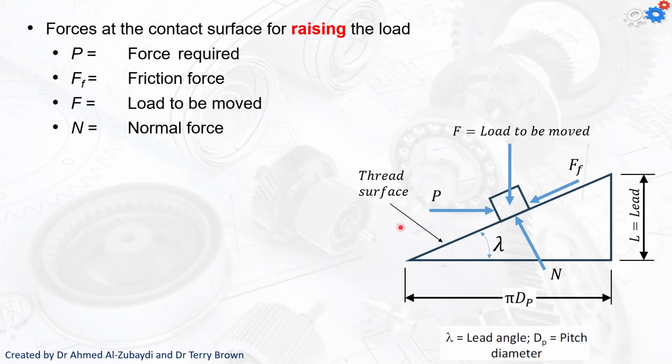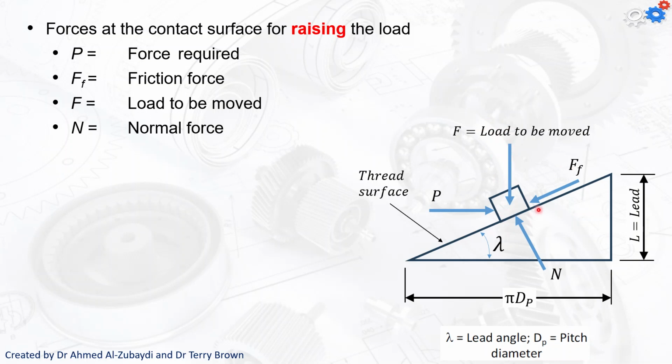So if we consider the forces that are acting on the load, what we're considering is that the load has to be moved up the thread. So we've got a force here needing to move the load up the thread. Acting vertically downwards is the actual load to be moved.